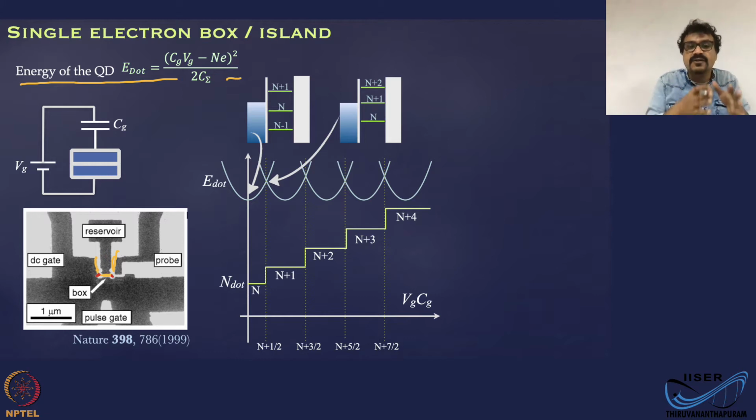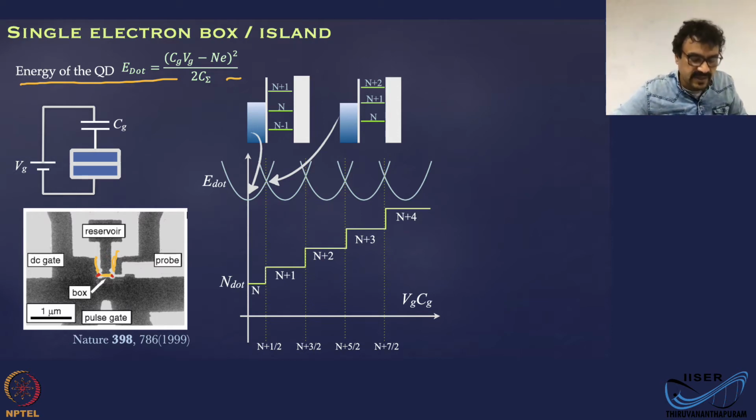Then again the island will go back to a lower energy state. So you are filling this island or box by electrons in a discrete manner when you vary the gate.